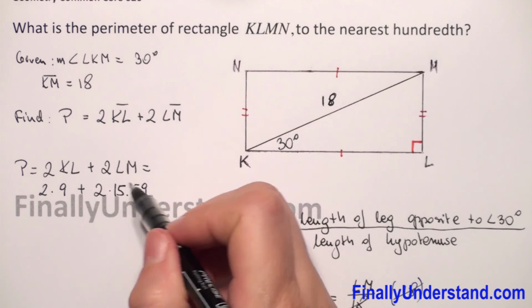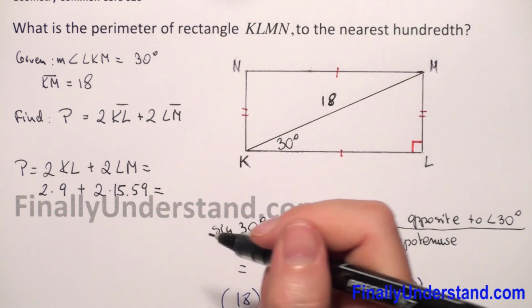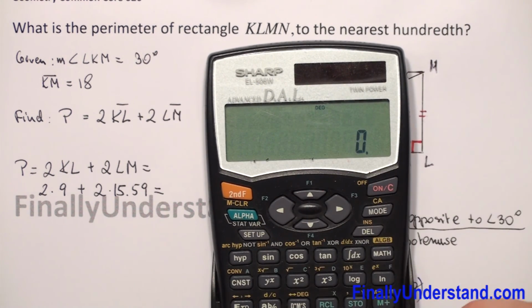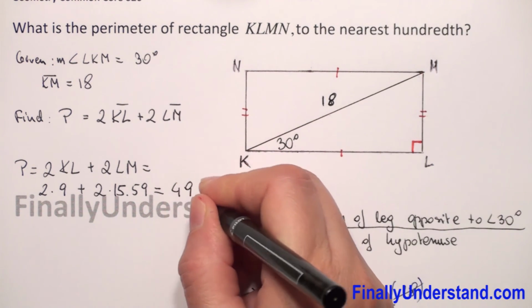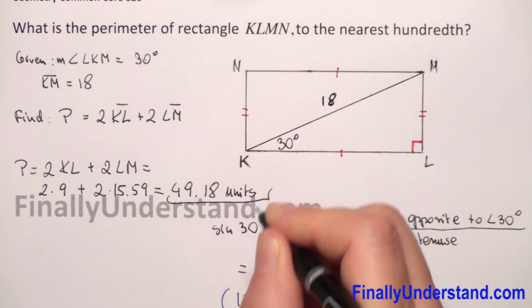It doesn't matter if we write first this expression or that, the answer will be the same. So this is equal, 2 times 9 is 18, and we have 2 times 15.59 plus 18, so this is 49.18 units. This is my solution.